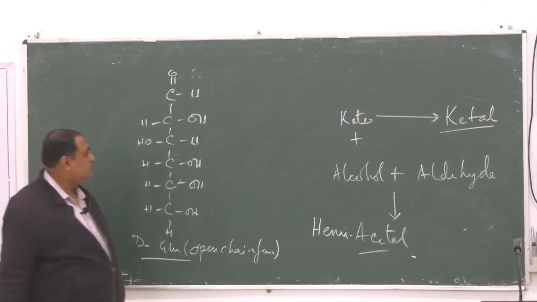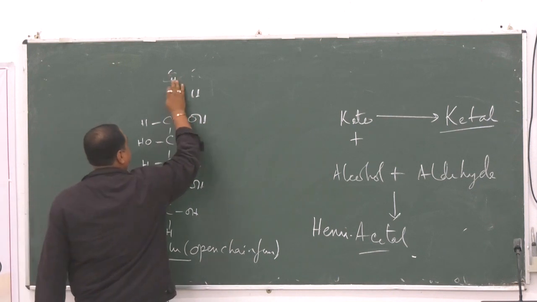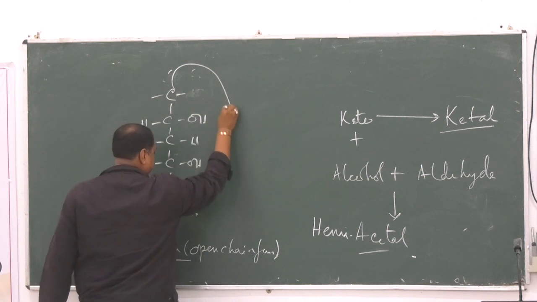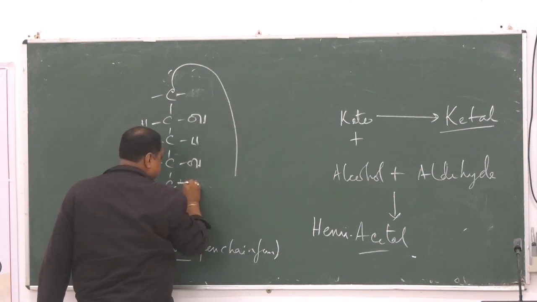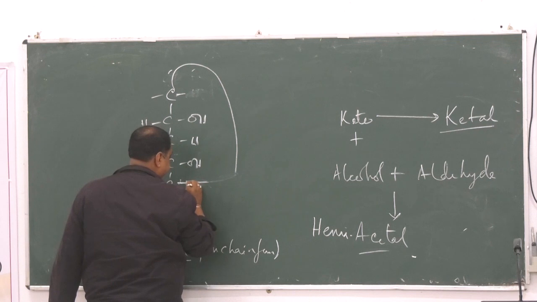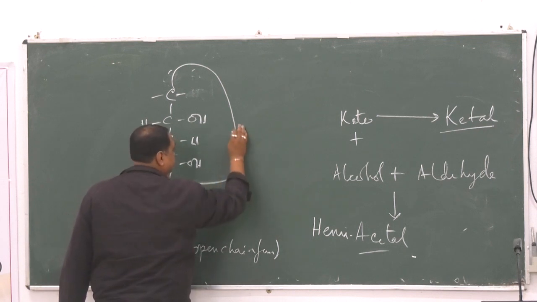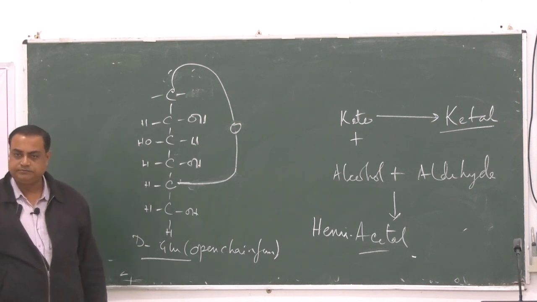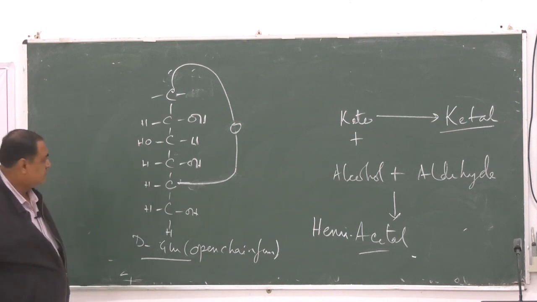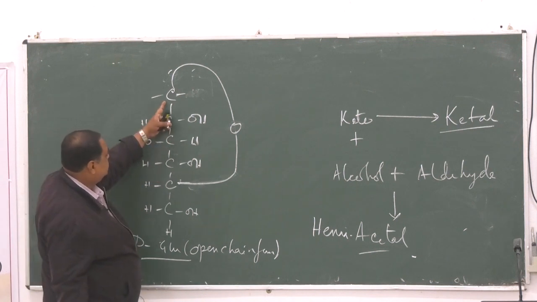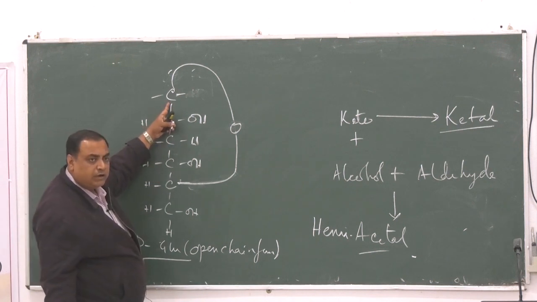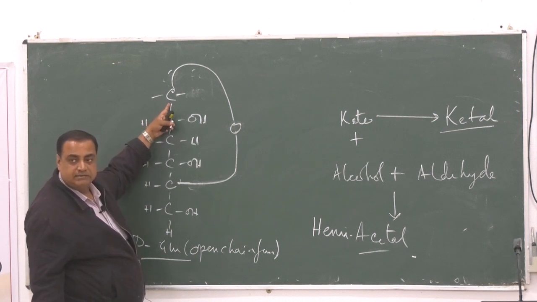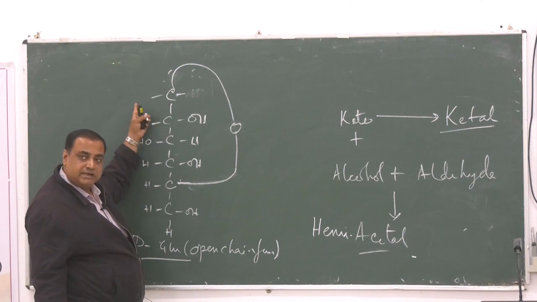Right? Now suppose this carbon forms a linkage with this. Correct? Now, this C1 now has options. The OH may exist on left hand side or right hand side.